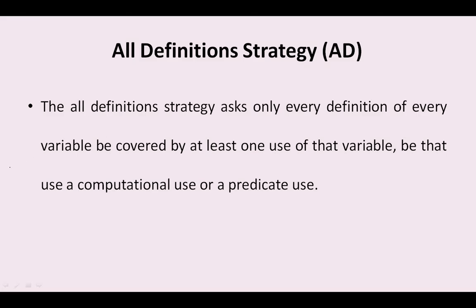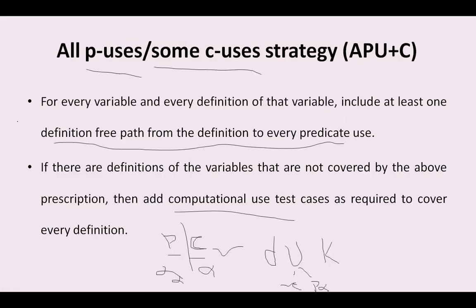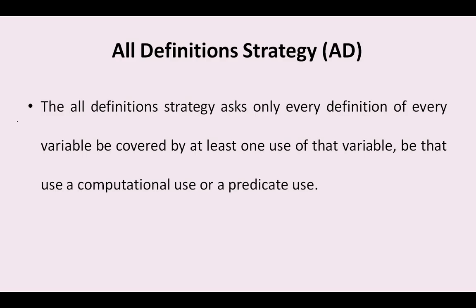In the previous cases we discussed, the definitions may be multiple in number, but here there is no bother about that. In the all-definition strategy, for every one definition, one use must be there. Each and every defined variable must be used. That's what it is saying: AD.